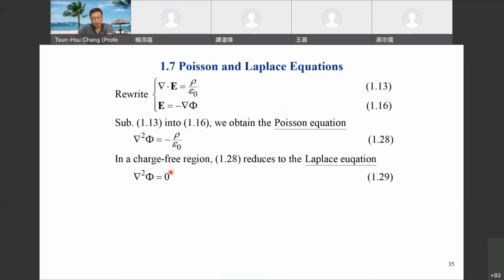So no matter whether you are solving Poisson's equation or the charge-free case, Laplace equation, you can always use the Green function. The Green function helps us to solve not only Laplace equation, but also Poisson's equation. Before that, we cannot solve this one.